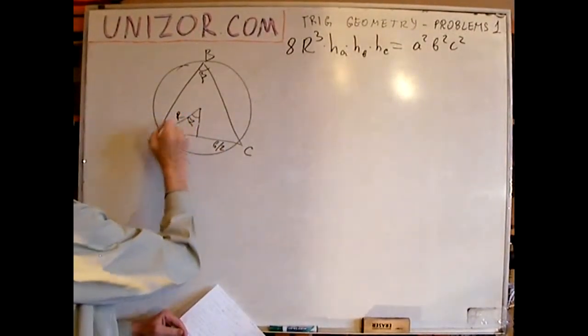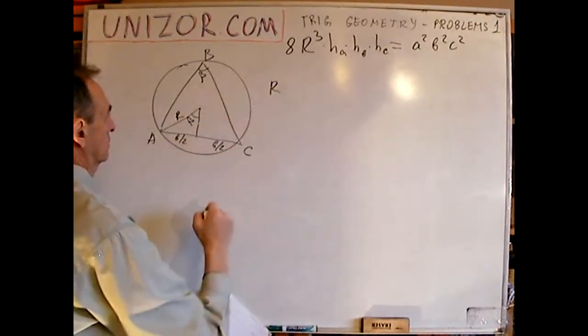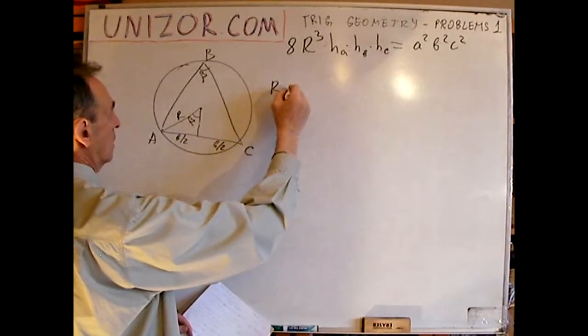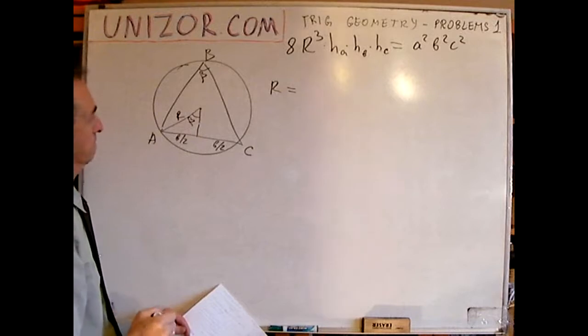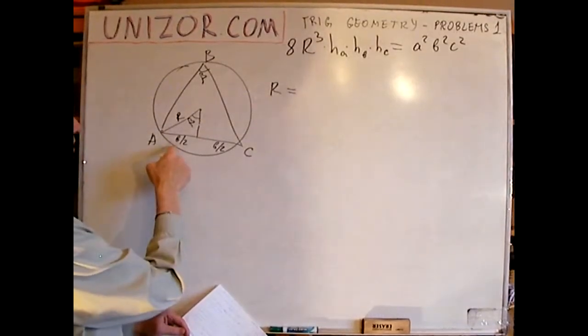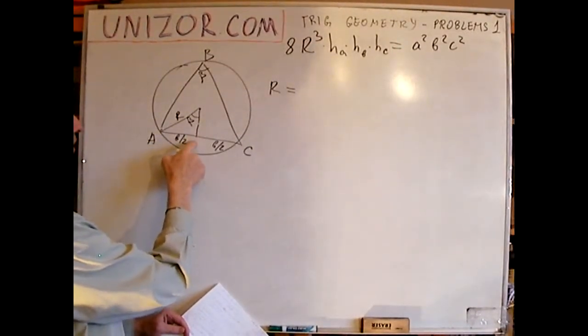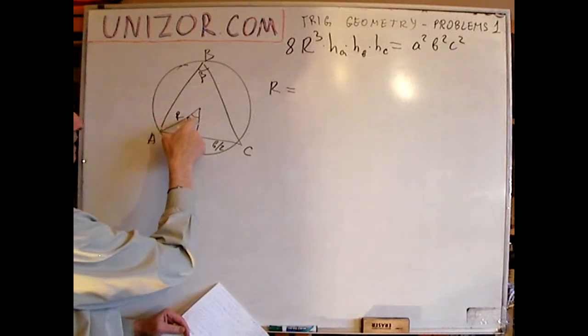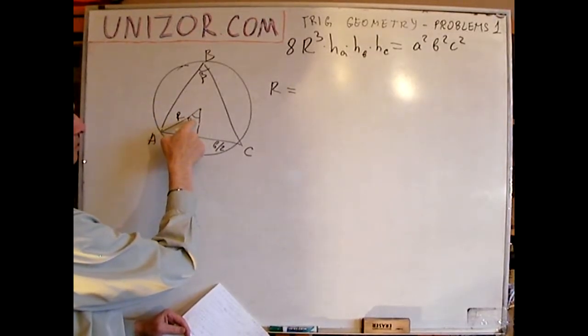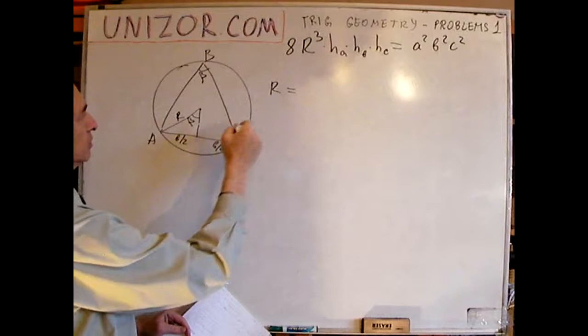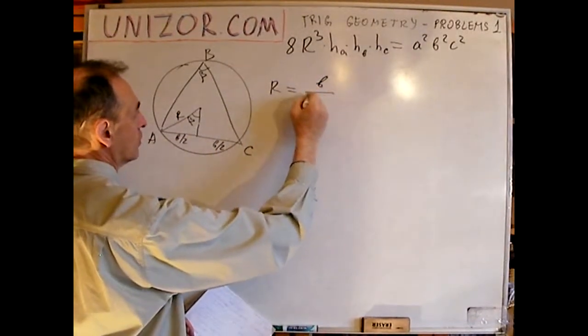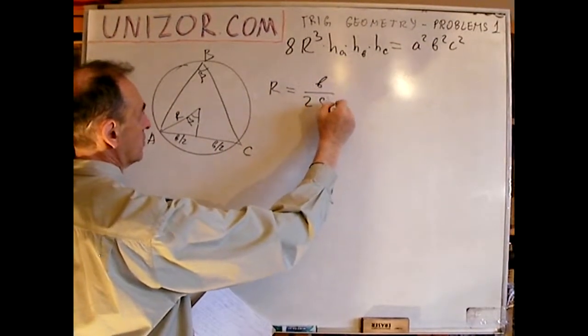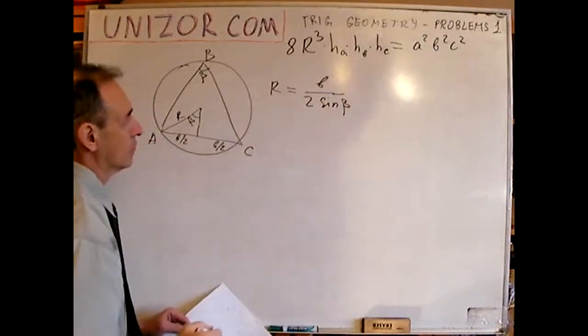And this is R. So R is equal to, well, let's think about it. B over 2 divided by R is a sine of beta, right? So R is equal to B over 2 divided by sine of beta, right?